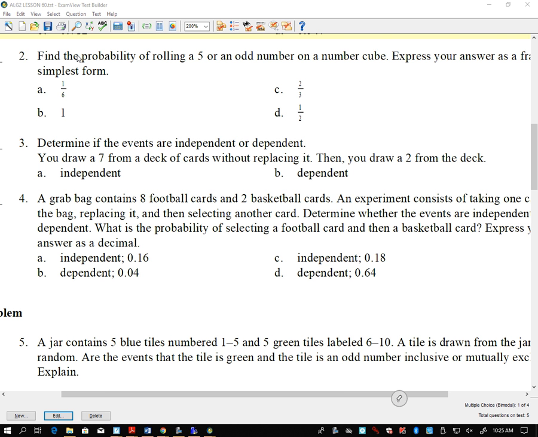All right, let's look at 3. Determine if the events are independent or dependent. You draw a 7 from a deck of cards without replacing it. Then you draw a 2 from the deck. What's the important word in that sentence? Without replacing. If I don't replace it, are the first draw and the second draw independent from each other?